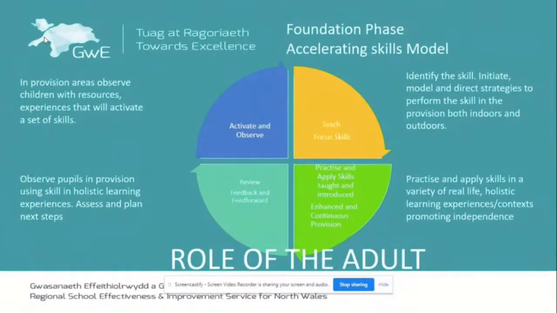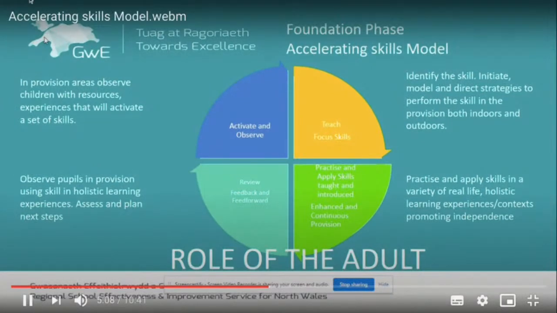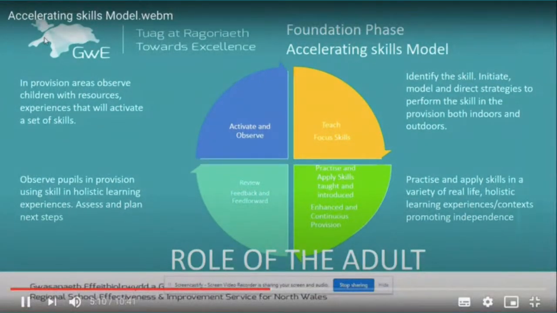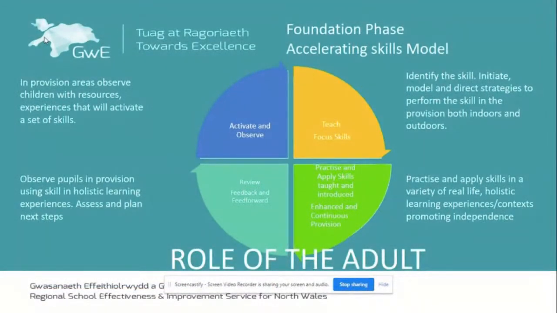Firstly, in provision areas, observe and activate with resources, experiences that will activate a set of skills. Identify the skill, initiate, model, and direct strategies to perform the skill in the provision, both indoors and outdoors, at focused tasks.